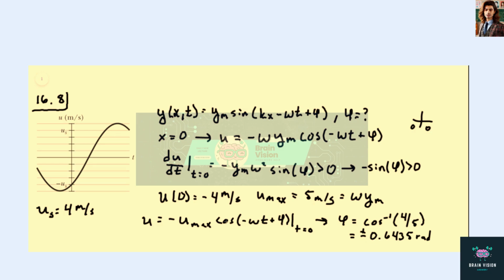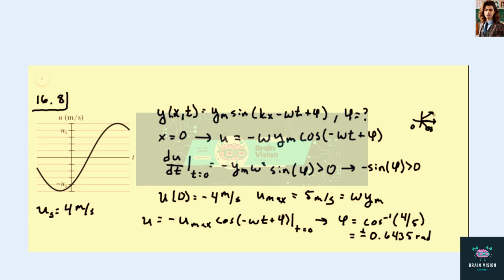We're using the fact that cosine is an even function, so we can multiply the argument by -1 and it doesn't affect the result. Now, because we said that the angle has to be in the third or the fourth quadrant, we need the -1 because we measure angles from the positive x-axis, of course.